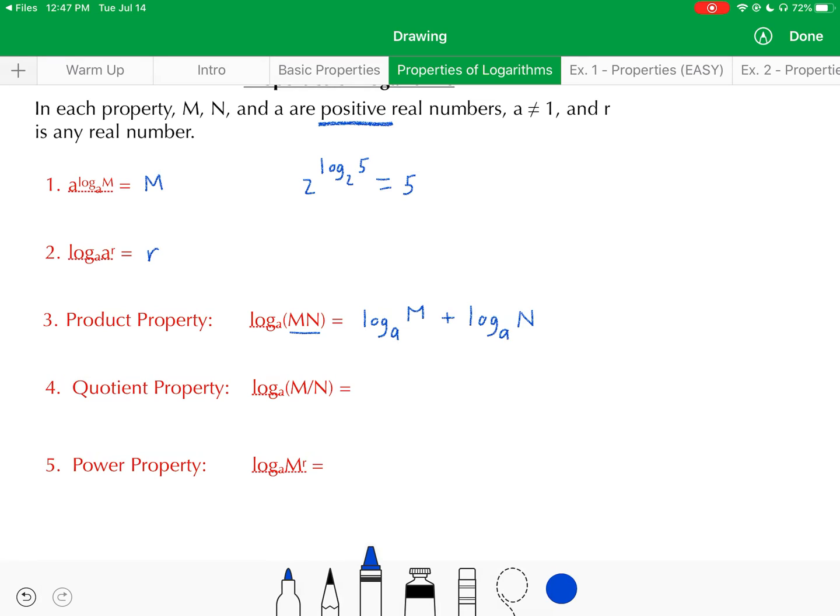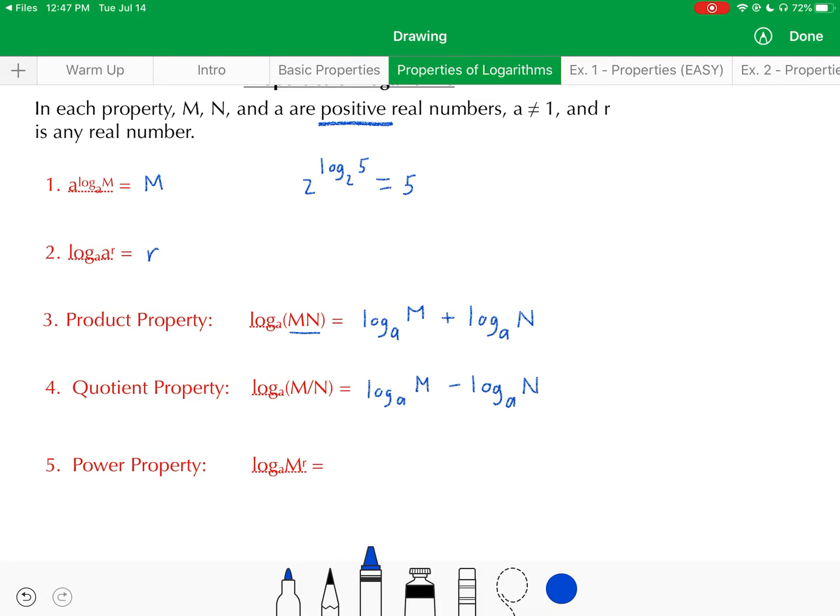It's very similar for the quotient property. Log base a of m divided by n can be broken up into log base a of m subtracted by log base a of n. That's because you subtract exponents whenever you're dividing 2 exponential expressions.